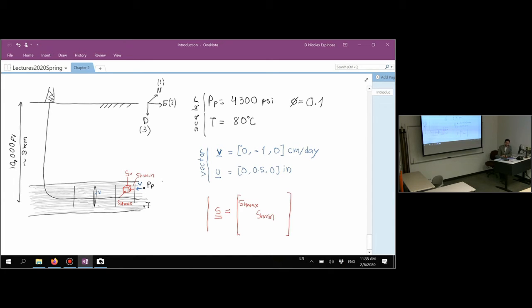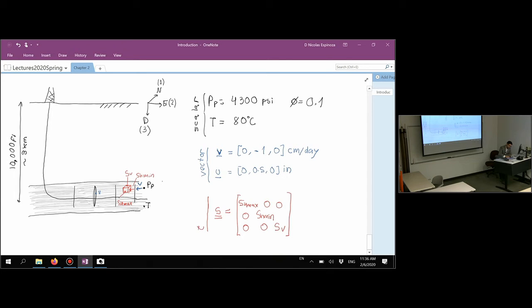And the third element, in the vertical direction, is SV. I'm going to assume now that these are all principal stresses and all the other elements are going to be 0.